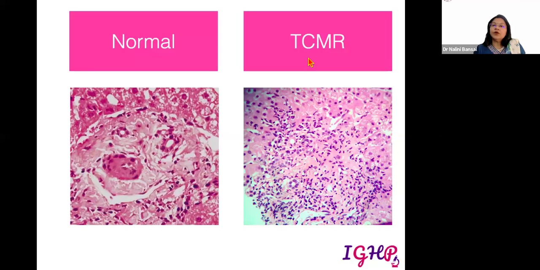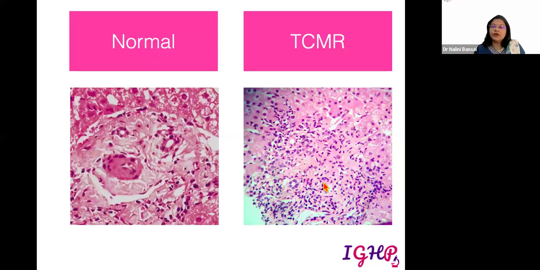Previously it was called acute cellular rejection. In the recent BANFF classification, the terminology has changed and we call it T-cell mediated rejection. When we talk of T-cell mediated rejection, as I said previously, you are going to see a mixture of infiltrate, with some eosinophils, lymphocytes, some polymorphs, some macrophages and also some blast cells.